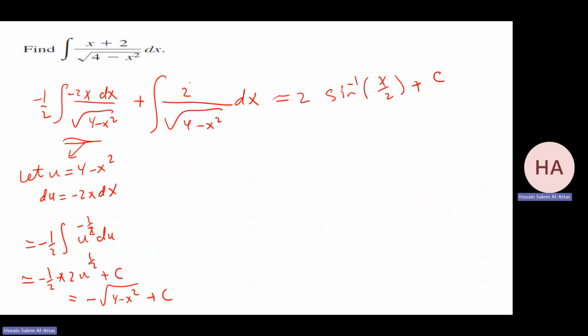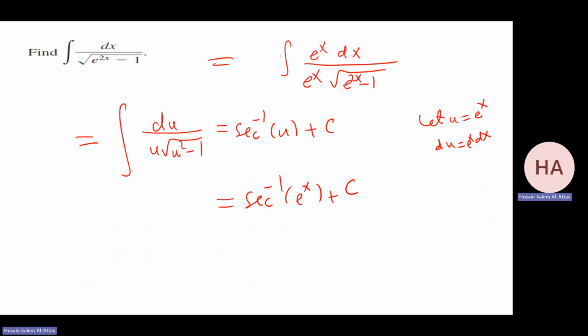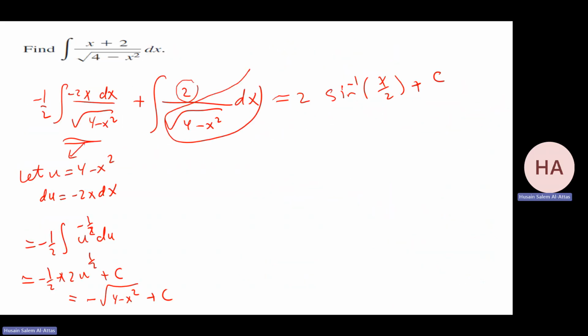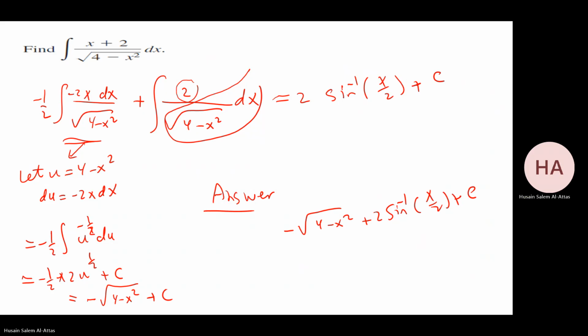The 2 is part of the question, and sine inverse x over 2 is just following this formula, where a equals 2. 2 squared is 4. Okay, so the answer is minus square root of 4 minus x squared plus 2 sine inverse x over 2 plus c.